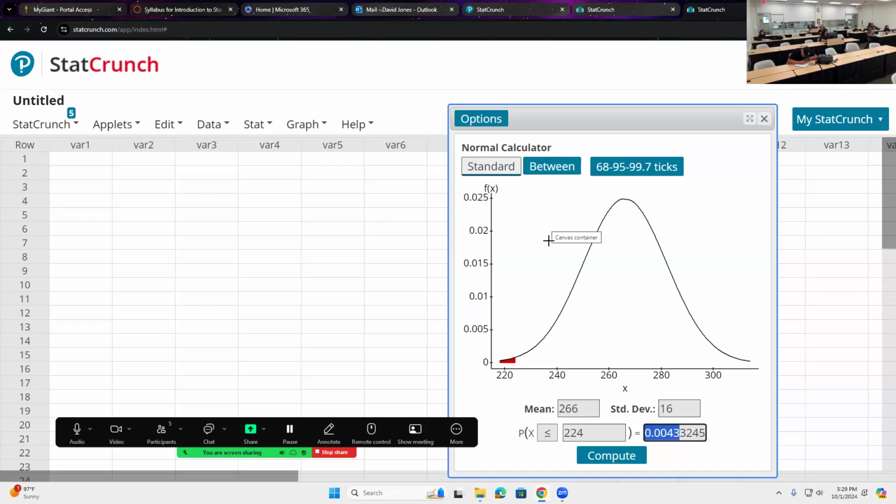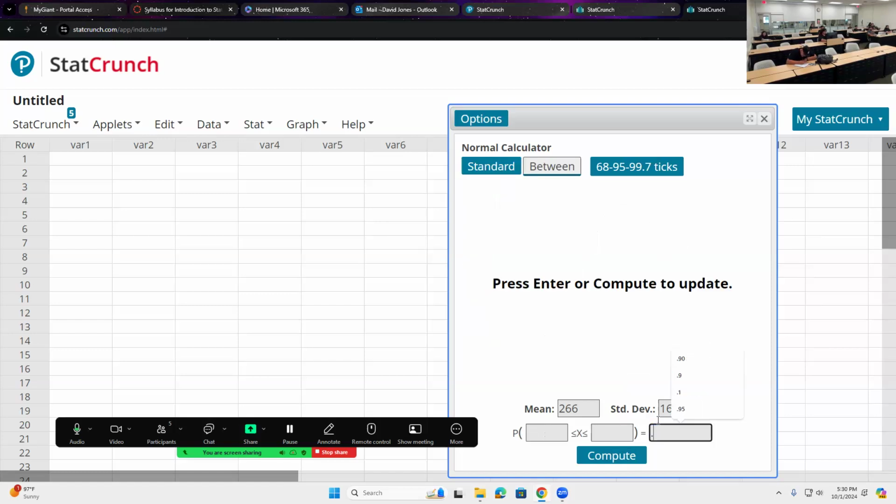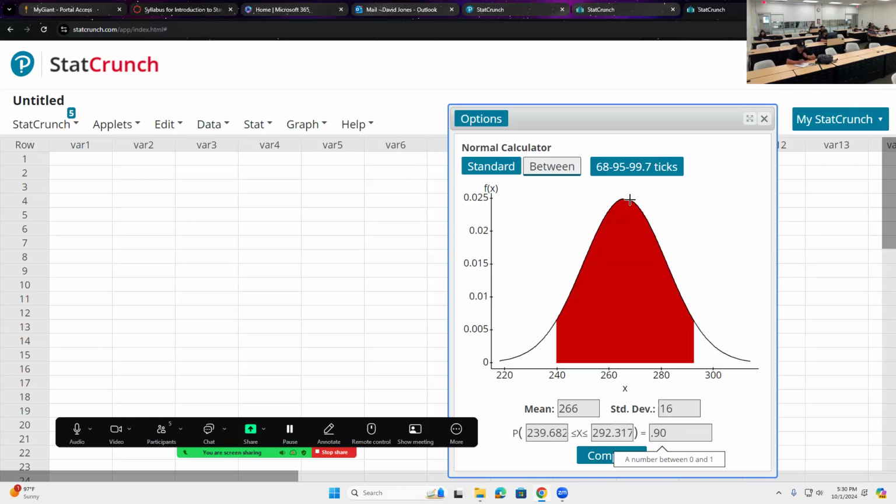Me telling you that. What gestation period captures the inner 90%? We want to do between. We're going to change this to say 0.90. And if I round this to one decimal, which is where I'm going to start, 239.7 to 292.3.